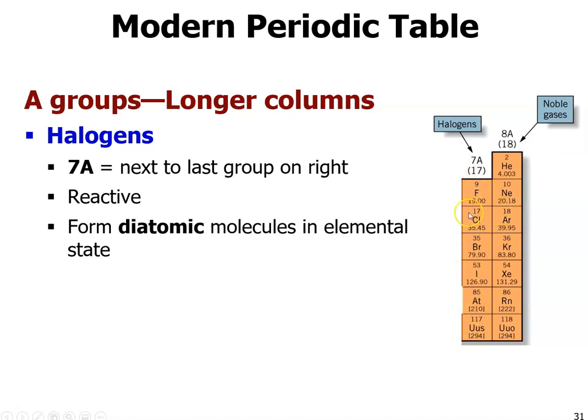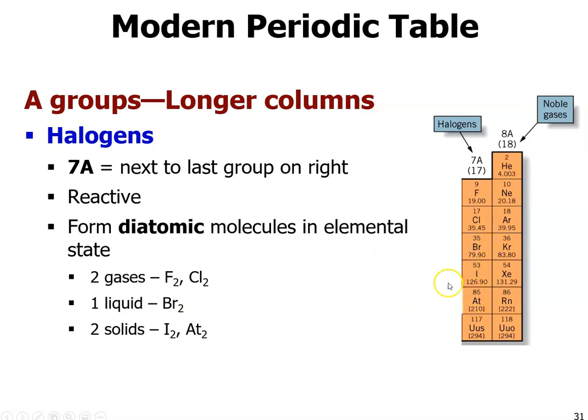So these are going to be reactive and typically form gases. For example, fluorine and chlorine gases, they'll bond together and form this diatomic element. Bromine is a liquid. Iodine is also a liquid in solutions. So these are typically going to be solids or liquids.